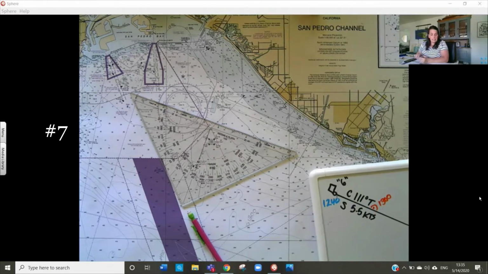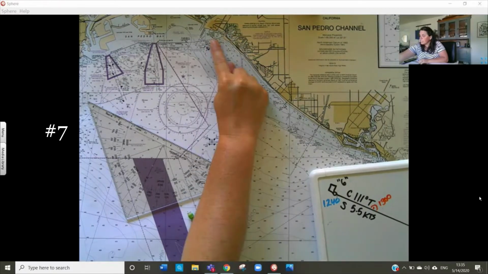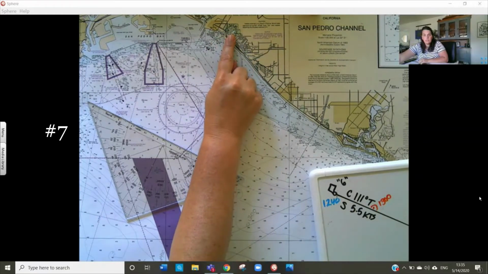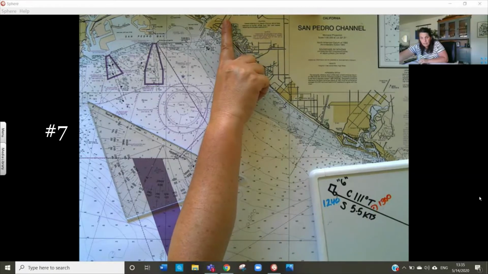And then it says, at 1400, you believe you might be off your track line. You observe 2 aids to navigation, the tank on Anaheim Bay in the Naval Weapons Station, and the oil platform EVA. So we have our Naval Weapons Station up here in Seal Beach, and we're going to use the tank, which is right above it.